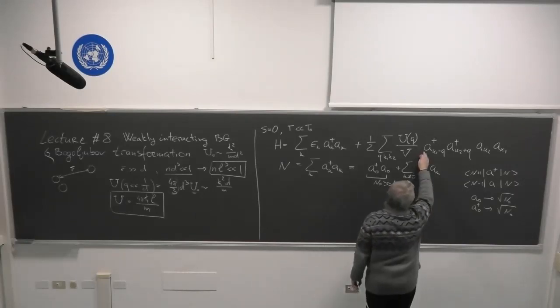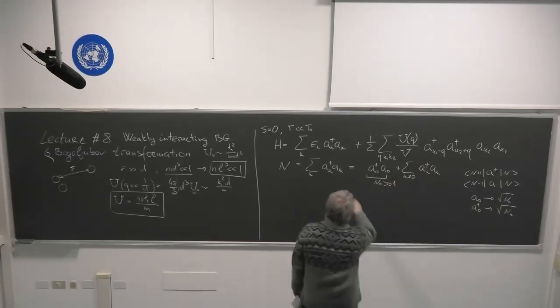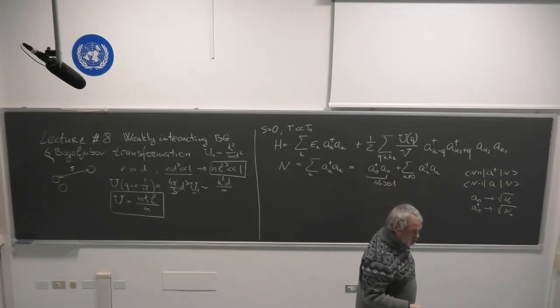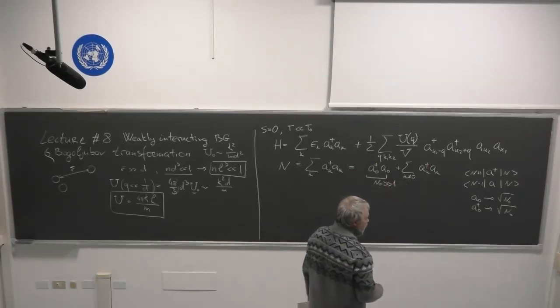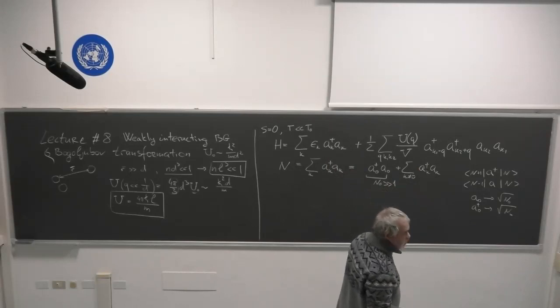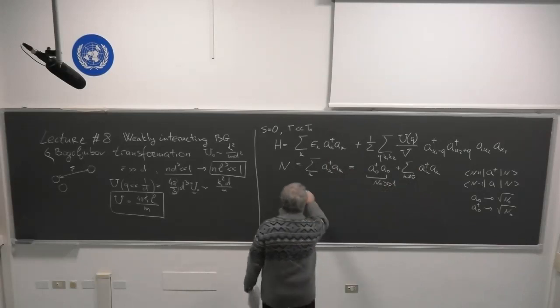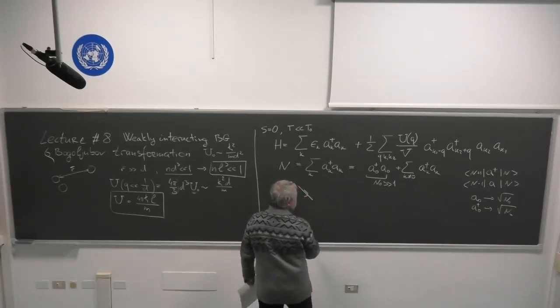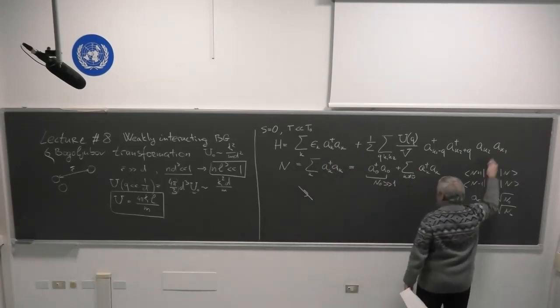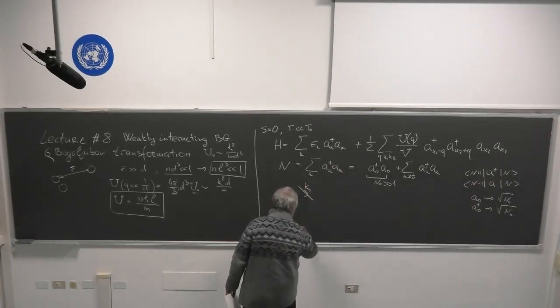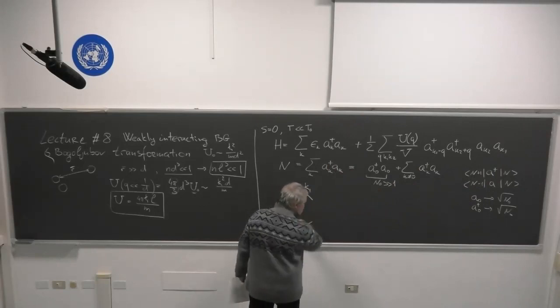Let's look at this term. This is the kinetic energy. This is the interaction. Let me visualize this interaction using a cartoon, which actually has a deep sense. There is a state with k1, which is annihilated. There is a state with k2, which is also annihilated.